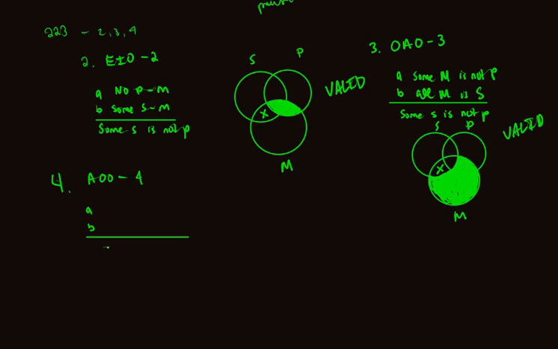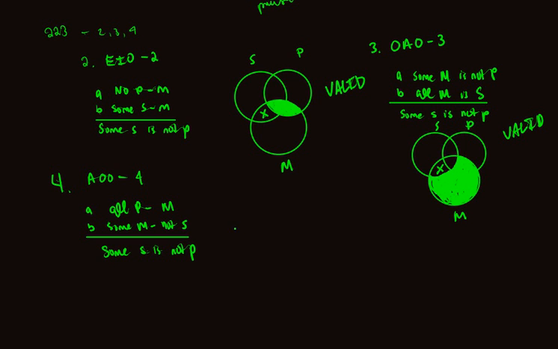So I know that the conclusion is going to be some S is not P. And since this is a figure 4 syllogism, I know one M will be over here. So all P are M, and then some M is not S.